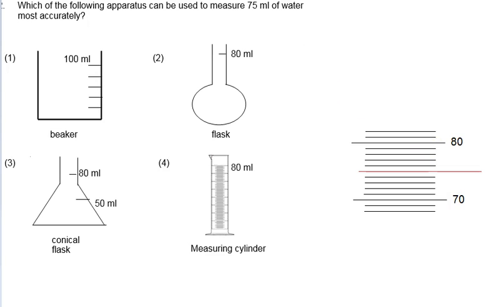Each line represents 1 ml, so it's easy for us to know where 75 would be. If this is 70, then somewhere in between, exactly at the fifth line, that is where we know the water is exactly 75 ml. So of these four containers, one of them makes it very easy for us to measure exactly 75 ml most accurately.